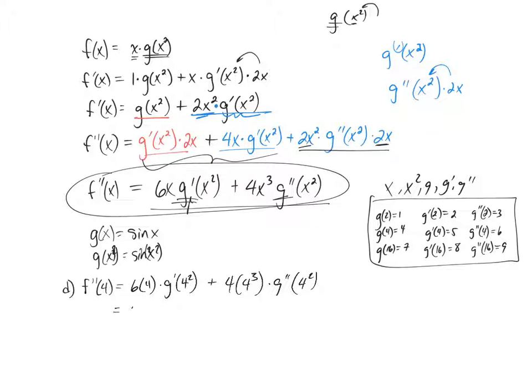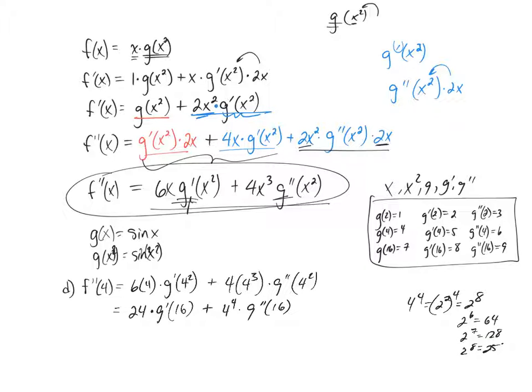So 6 times 4 is 24, times g prime of 16. Now 4 times 4 cubed is 4 to the 4th, times g double prime of 16. 4 to the 4th is 2 squared to the 4th, which is 2 to the 8th. 2 to the 6th is 64, so 2 to the 7th is 128, so 2 to the 8th is 256.